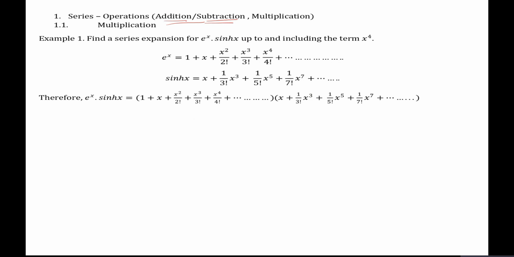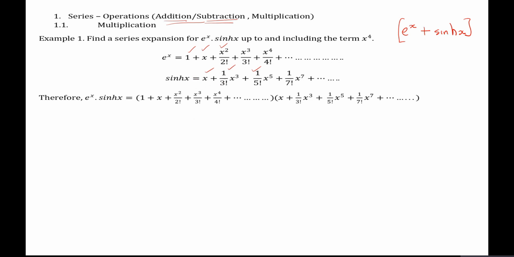For example, there's my two series that you see here. If I say, find a series expansion for e to the x plus sine of x, that's not going to be a problem. There's e to the x, there's sine of x, and I simply add the like terms.